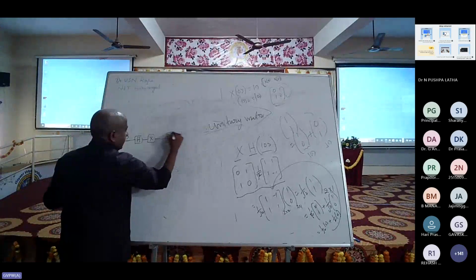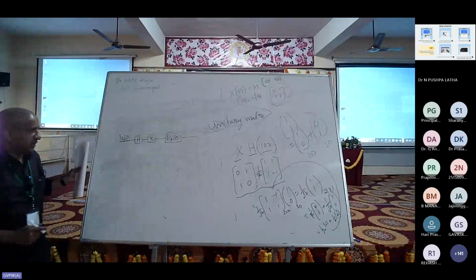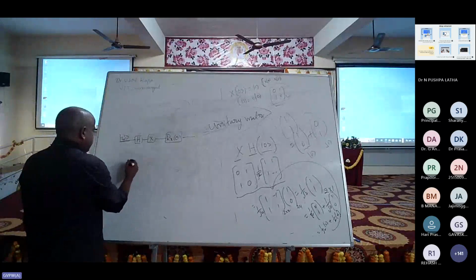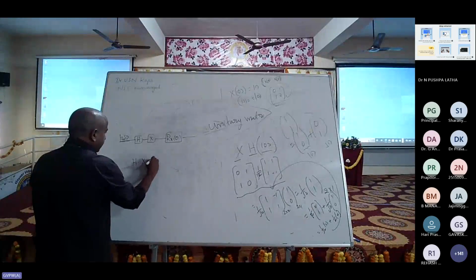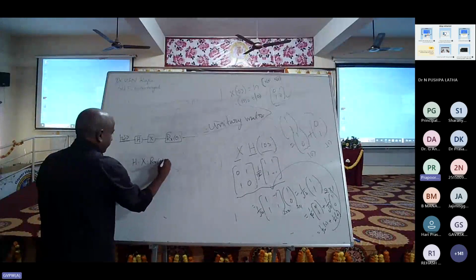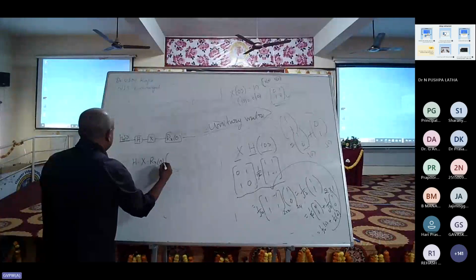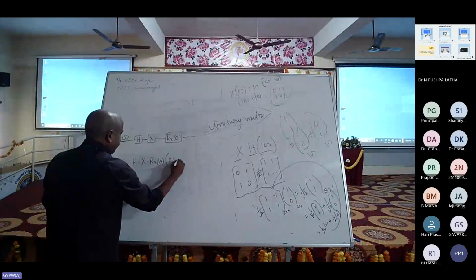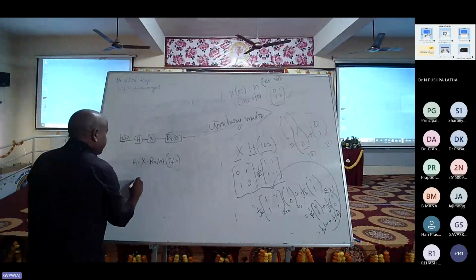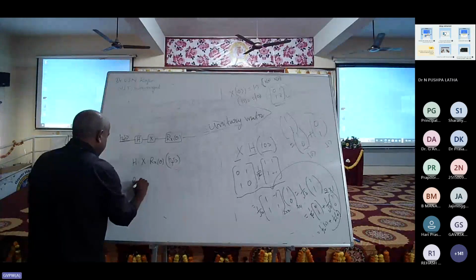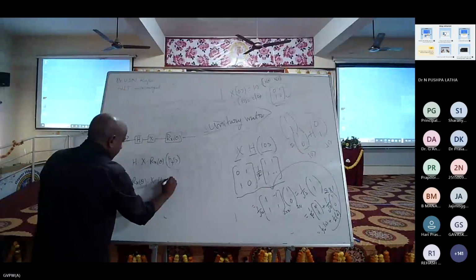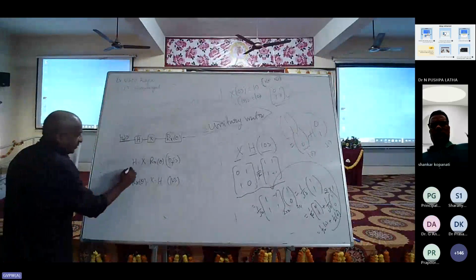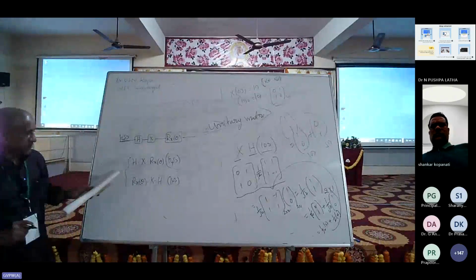You don't know this, but let us assume that we applied a rotation X gate. Then I am writing one expression, you tell me which one is correct: H into X into Rx of theta of ket psi, or Rx of theta X into H of ket psi. When I am using the unitary matrix for each of them, which order is correct?